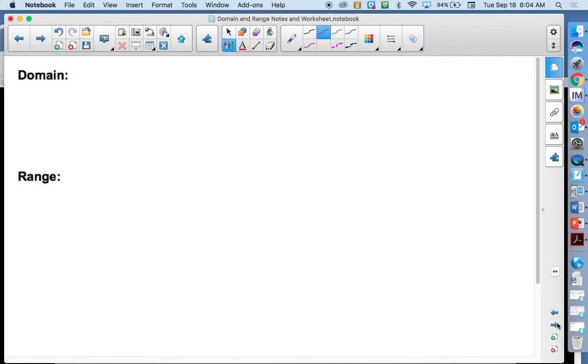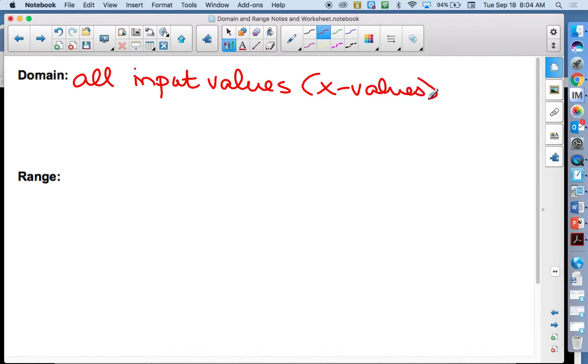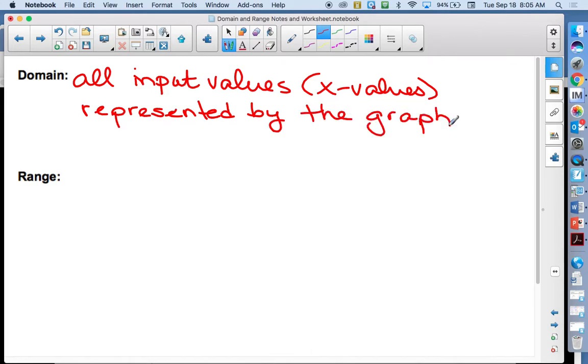Yeah, so the domain would be all of the input values or the x values represented by the graph, by the function, by the equation, whatever we have. We're going to use inequalities to describe our domain.